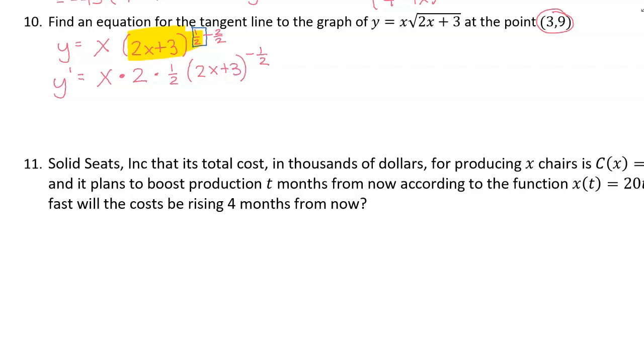So the first times the derivative of the second, plus the second, which is just the 2x plus 3 raised to the 1/2, times the derivative of the first. Well, the derivative of x is just 1.